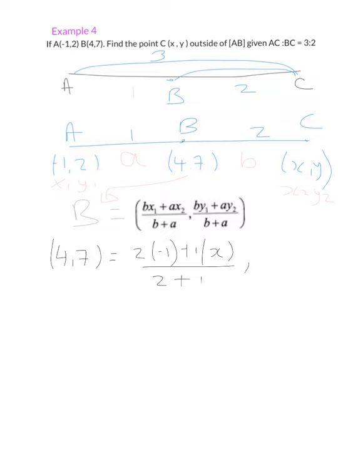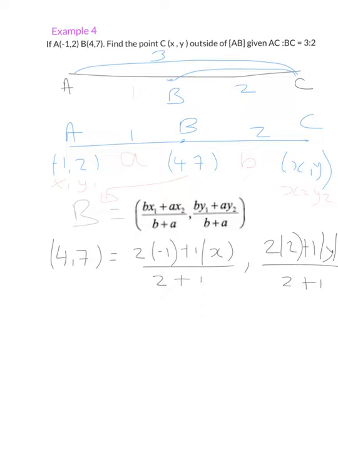Going on for my y coordinate and filling in, it's B, y1, so 2 times 2, plus A, which is 1, times y2, which is y, all over B plus A, which is 2 plus 1.